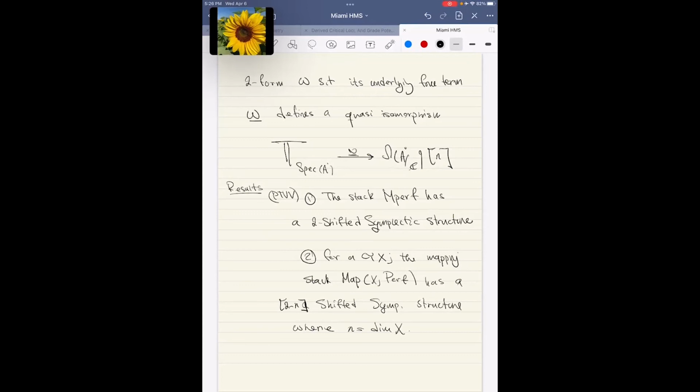If your X is a Calabi-Yau 4, you have a -2 shifted symplectic structure. And this is for the moduli space of perfect complexes.